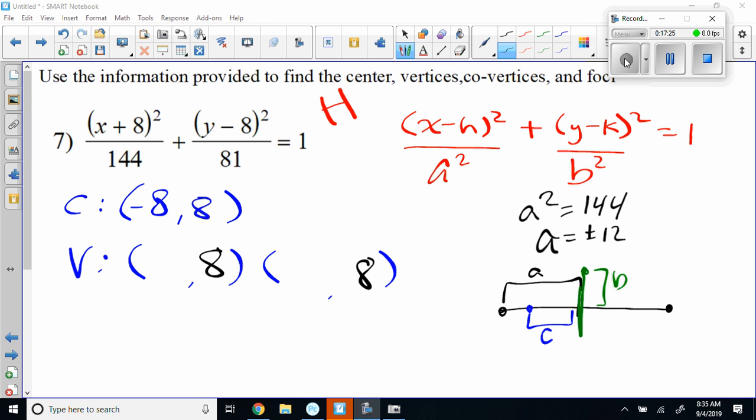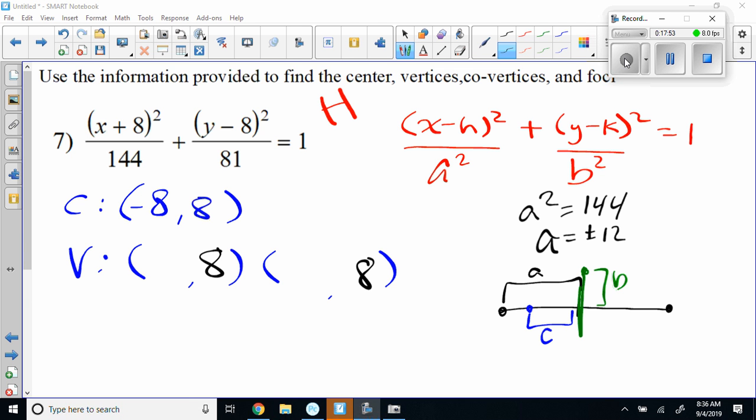So I know that to be true, right? Correct? Now, from negative 8, I'm going 12 to the right. What's 12 spaces to the right? No. The whole length would be 24, right? What is it?